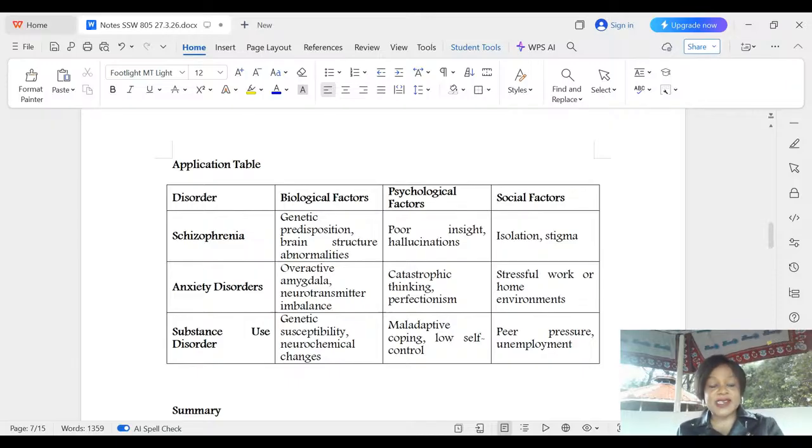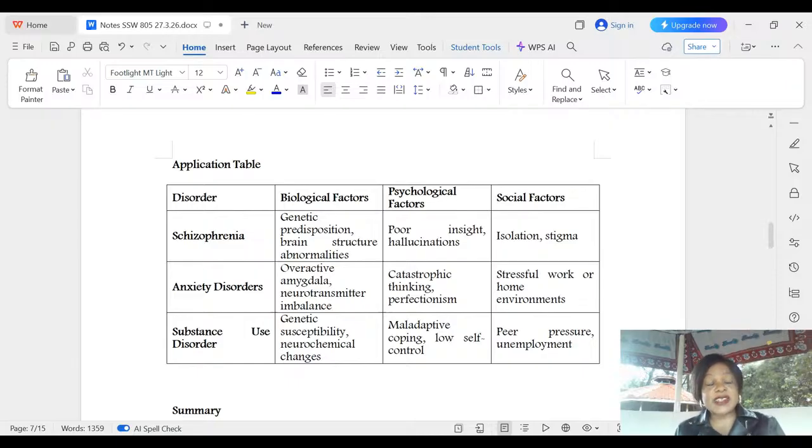Let's look at schizophrenia. In this case, we have a client in mind who has a genetic predisposition to schizophrenia. So previously, maybe their parents or their grandparents or other relatives who they share a bloodline with had schizophrenia.